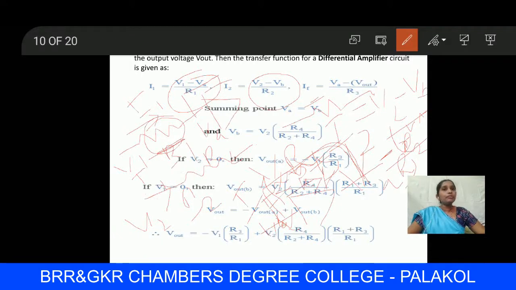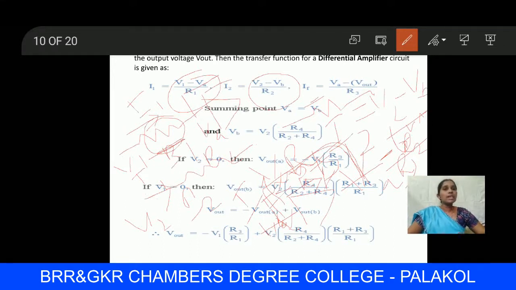If V2 is equal to 0, then output voltage V out is equal to minus V1 into R3 divided by R1. If V1 is equal to 0, then V out is equal to V2 into R4 divided by R2 plus R4 into R1 plus R3 divided by R1.